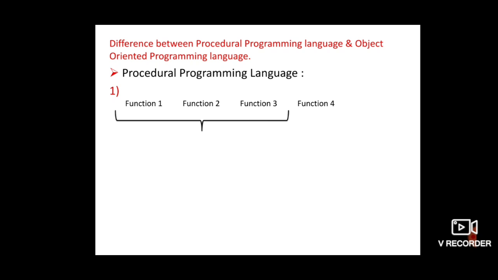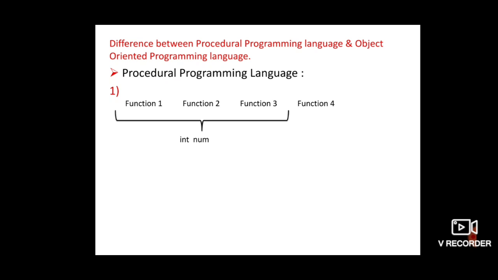So the variable num is declared with data type int, which is used in the first 3 functions. But function 4 does not use this variable. Only the first 3 functions use it.